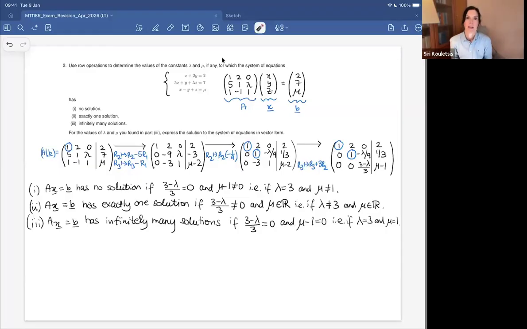Okay, so let's now write out the solution in vector form. Take a head start on that. Well, the first thing we can do is to just write down what the system looks like then. Just take a moment.